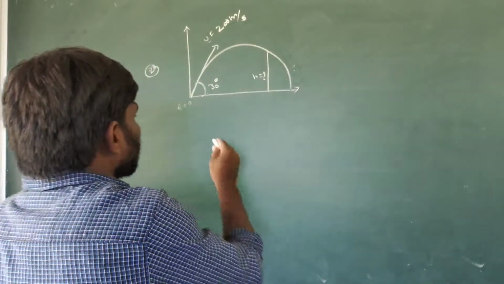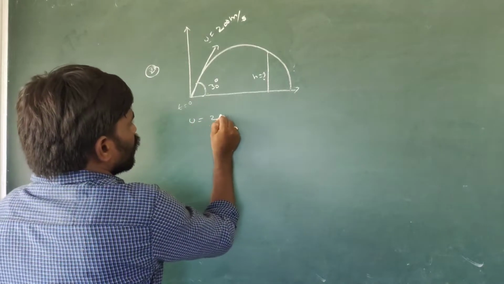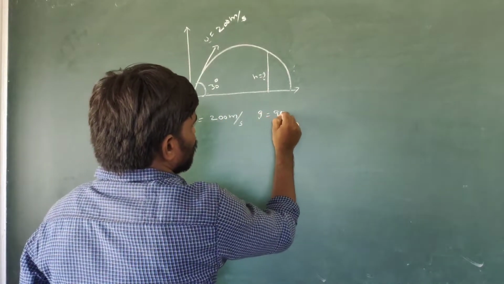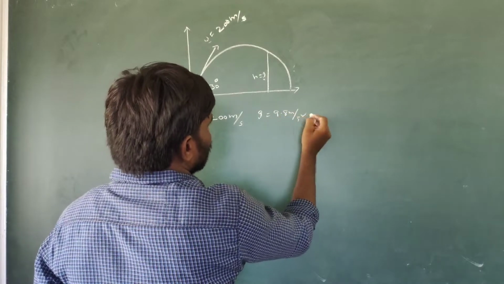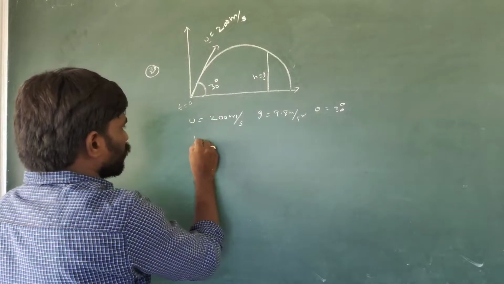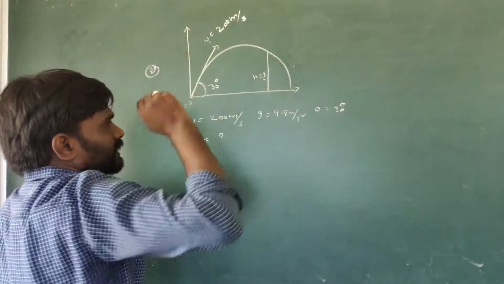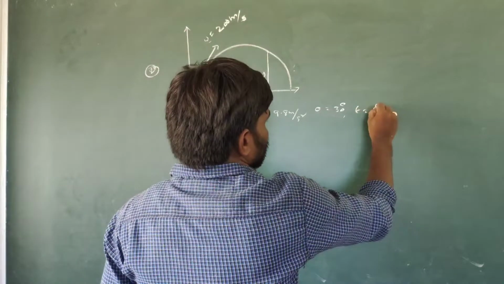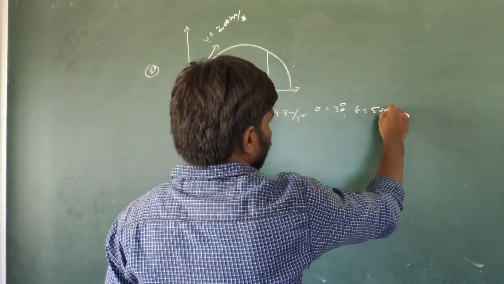You know the formula. Given data: u is equal to 200 meters per second, g is equal to 9.8 meters per second squared and theta equal to 30 degrees. Find the height of the body after t equal to 5 seconds.